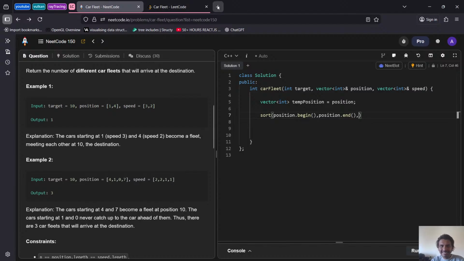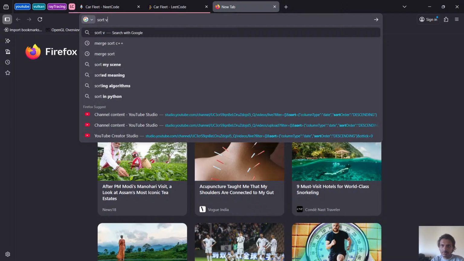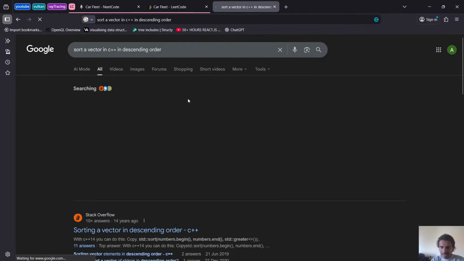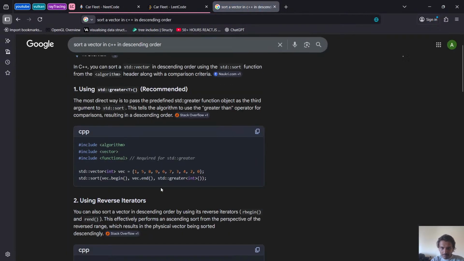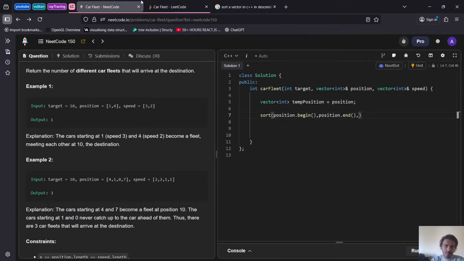How do we sort a vector in C++ in descending order? That will be the greater function, greater int.